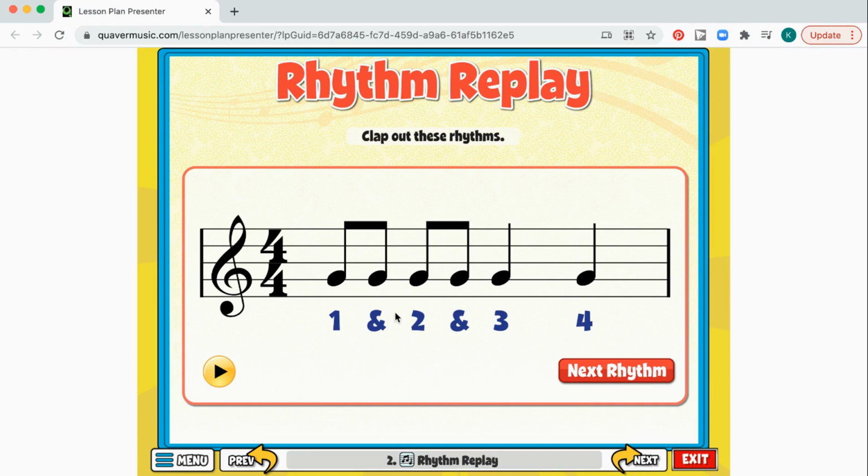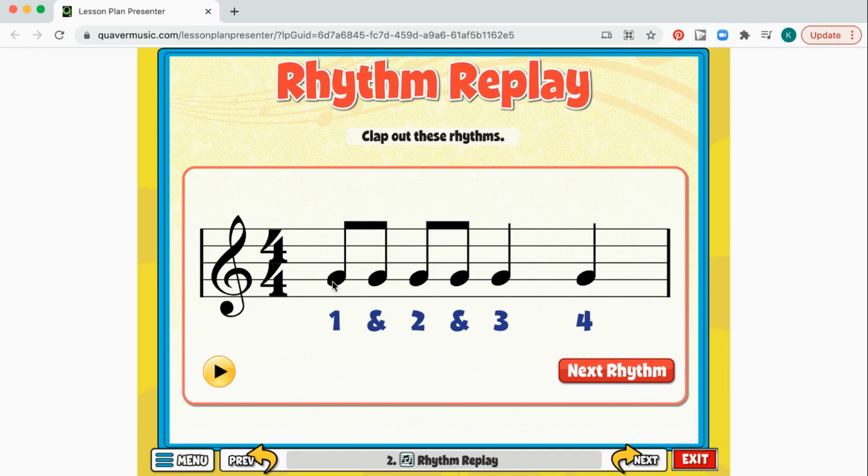So you see 1 and 2 and then we have a new type of note. Over here, we have 2 quarter notes. You can see they look very similar to the eighth notes, but they do not have a bar or a flag attached to them, just a straight line. So these 2 are called quarter notes.